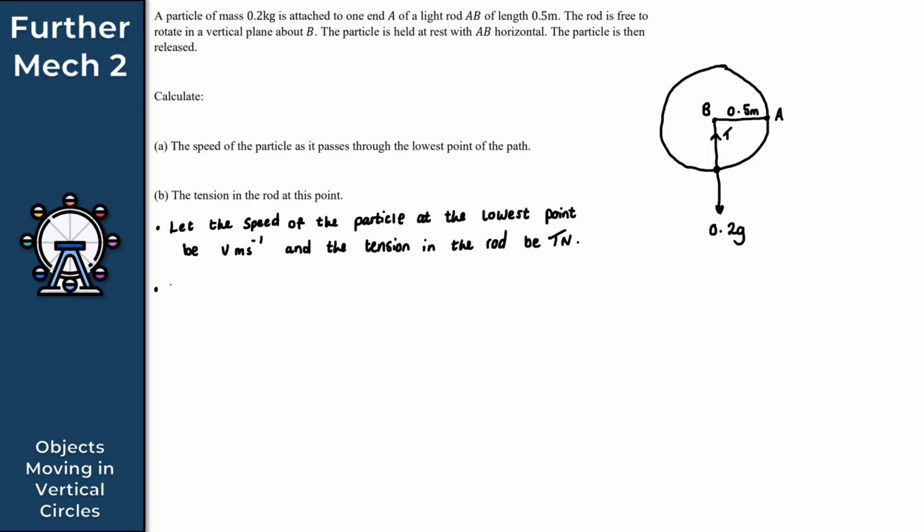So the lowest point of the circle is a zero level for potential energy.